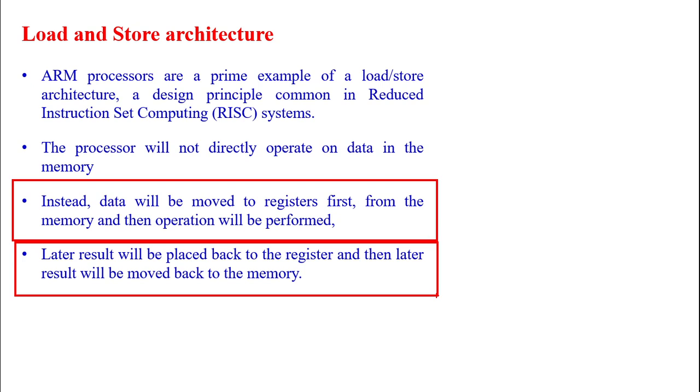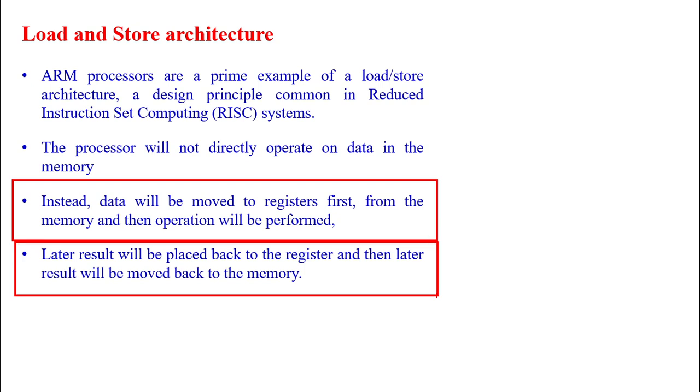I hope this is clear to all. Load and store means load the data from the memory to the CPU for processing, and after the processing, store the result back to the memory through the register. So why did load and store architecture come into the picture?